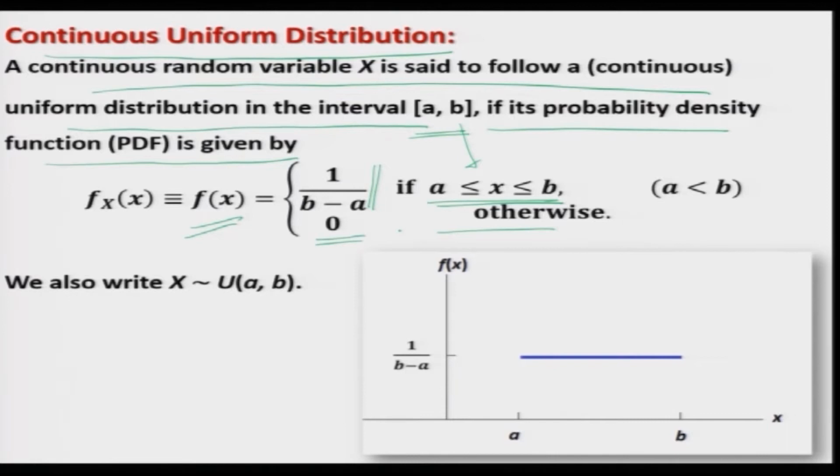We write this as x follows uniform(a, b), with the values a and b inside the parenthesis. If you plot such a curve, you have a point A and a point B, and between A and B you have a straight line. So, the probability density at every point is just 1 upon b minus a.